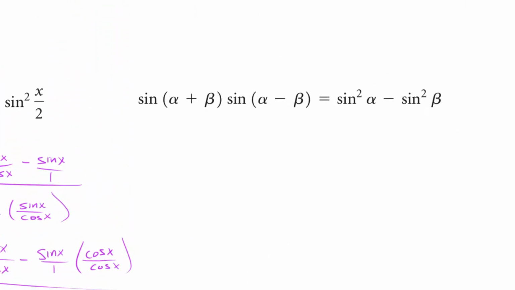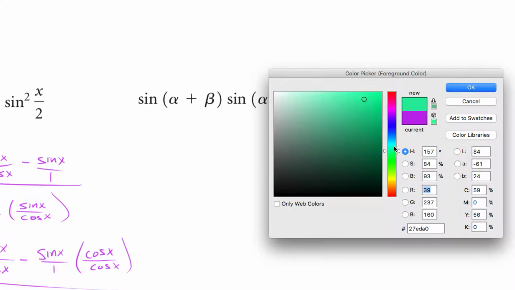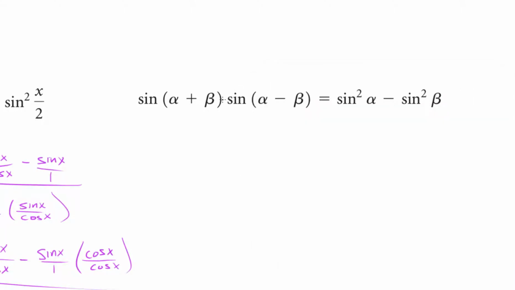Now the last one. Notice that the left side has sum of angles and difference of angles, so I'm going to start with that. I'm going to start with this guy. It's going to be sine of alpha cosine of beta plus sine of beta cosine of alpha.